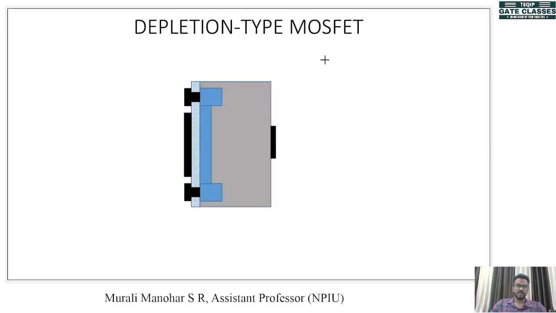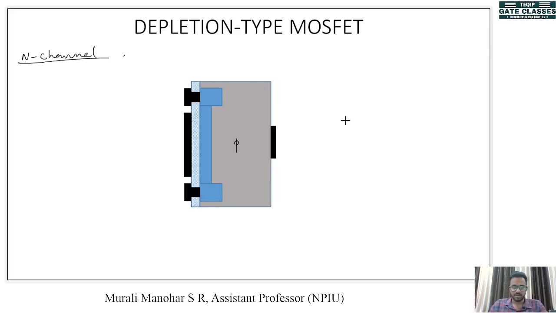Okay. So in this figure, you can see a few blocks. Actually, this is to show the construction of a depletion type MOSFET. Here, this is an N-channel depletion type MOSFET. As before, we are selecting N-channel for the explanation. So in this MOSFET, there is a slab of P-type material, and this is made by doping a silicon base by trivalent impurities, right?